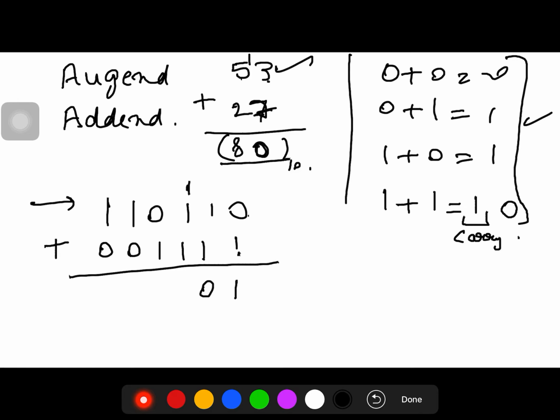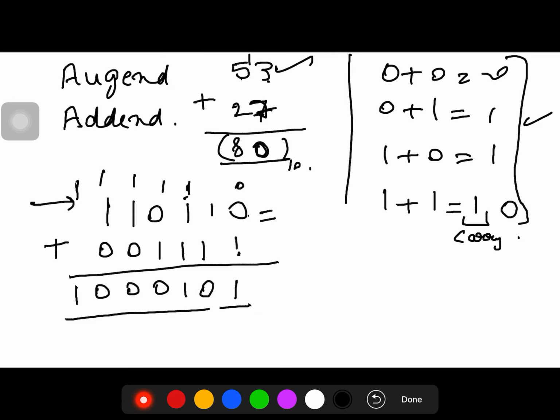It is basically 2, but we don't have 2 in binary. We will put 0 here and give 1 carry. 1 plus 1 is 0 with 1 carry, and again 0 with 1 carry, 0 with 1 carry, 0 and 1 carry.